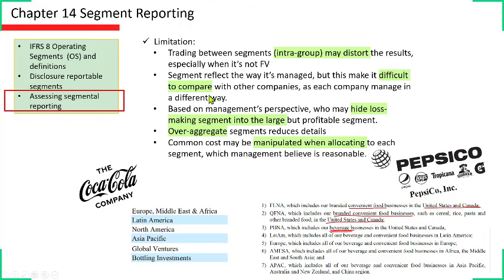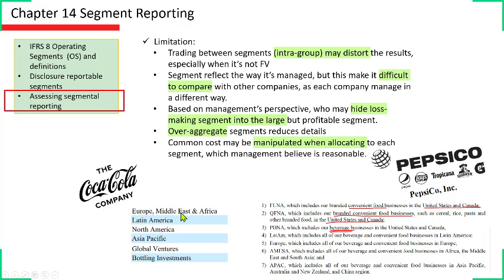That really helps. So for Coca-Cola and Pepsi, these two are very similar companies, and they have very similar products. So for Coca-Cola, they manage the business purely by the regions.